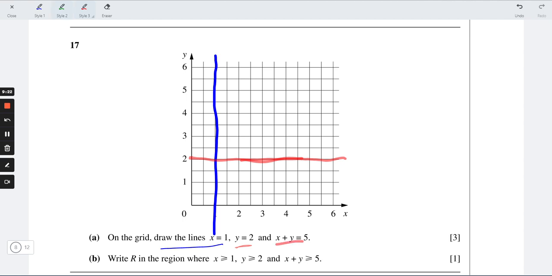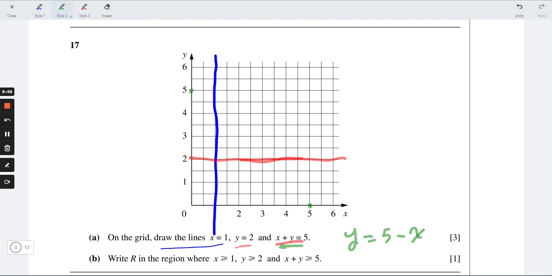You have to use your ruler, because you need to draw a straight line. Now x plus y equals 5, that means y equals 5 minus x. For the y-intercept, x is 0, y is 5, so here is 0, 5. And if y is 0, that means x is 5. So here is the point 5, 0. Now you should connect them using a ruler, it will be easy.